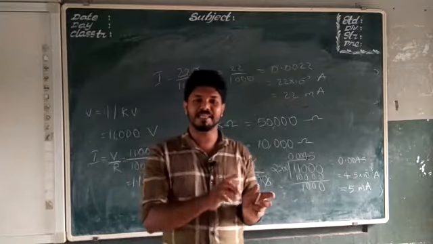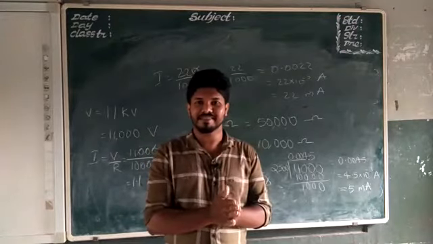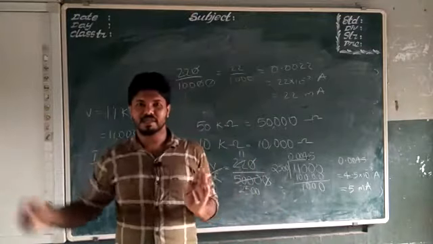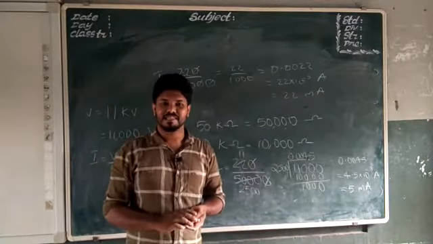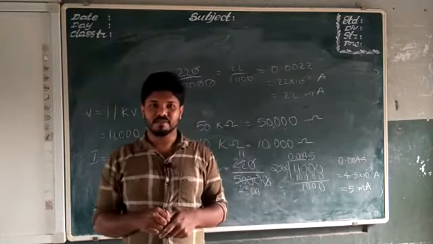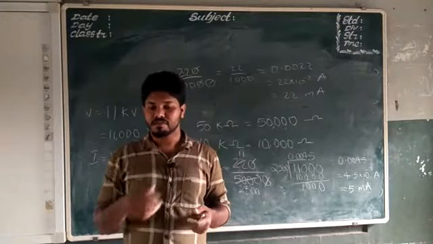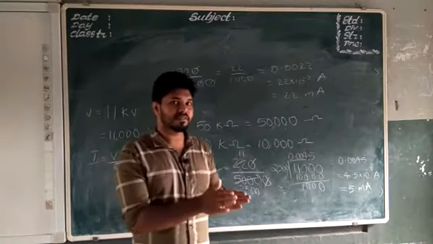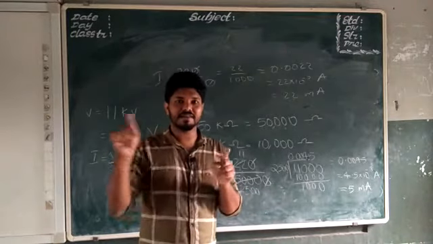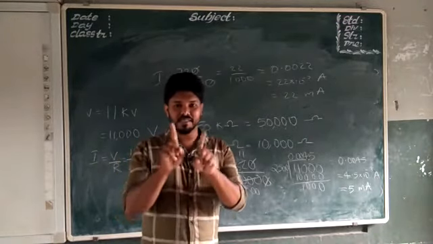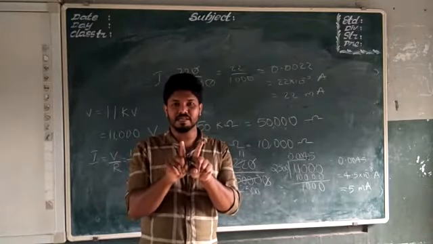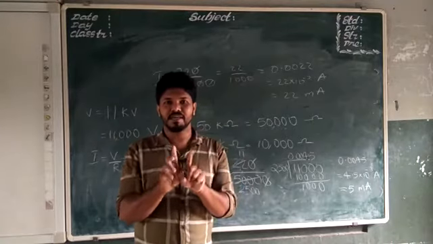Because of that high melting point, this will not break. It will break only after reaching 3,000-something Kelvin, which is the melting point of tungsten. So due to high resistance and it not melting, it gives us light. The heat and light are produced together by a filament.